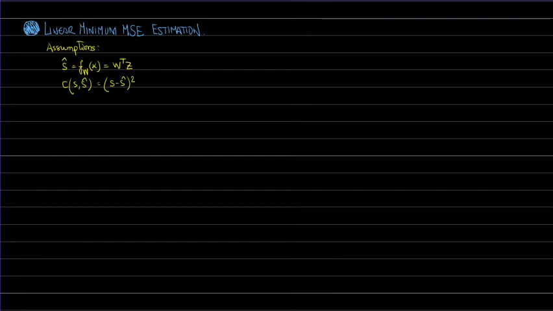This function, as a function of W, is a linear function. So despite Z can be a nonlinear function of X, so the estimator is a nonlinear estimator of the observation, it is a linear function of the parameter vector.